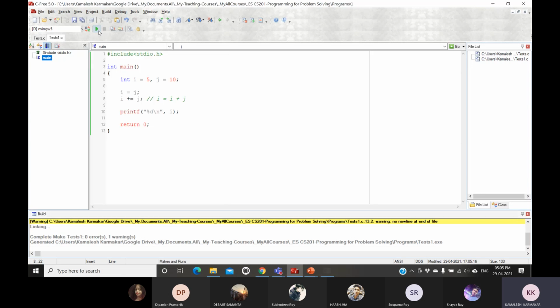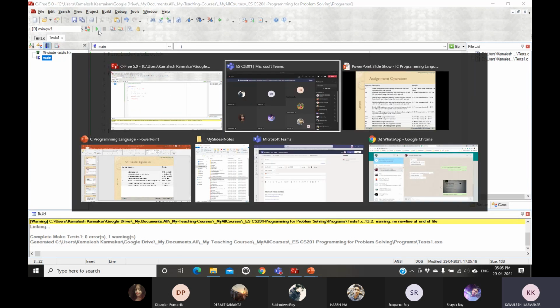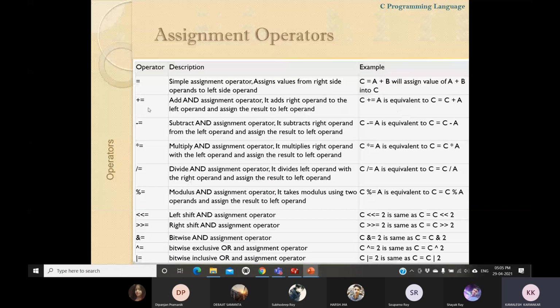So these two are equivalent. In this example, c plus equals a means c equals c plus a. Similarly for minus equals, multiplication equals, division equals, and percent equals, which means modulo equals: c equals c modulo a.